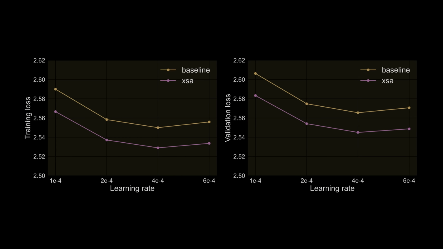The learning rate sweep addresses this concern. Across a wide range of learning rates, XSA consistently outperforms the baseline. This matters because adding just 2 lines of code to your existing training setup can yield improvements almost for free without requiring any additional hyperparameter tuning.